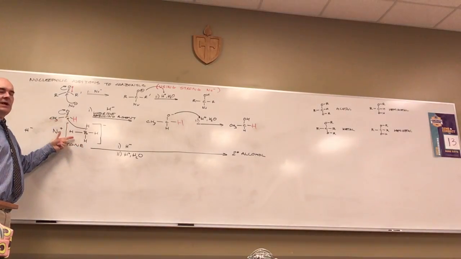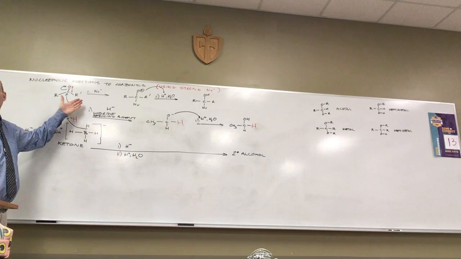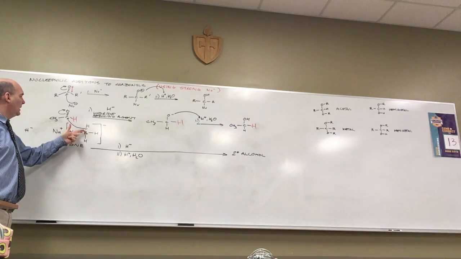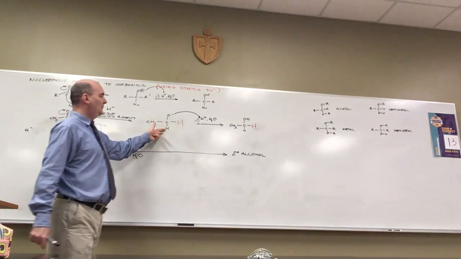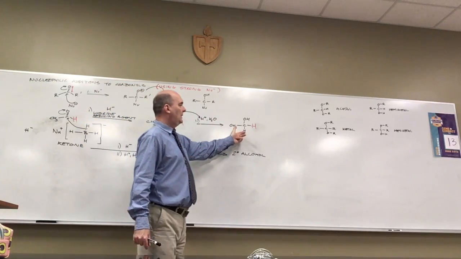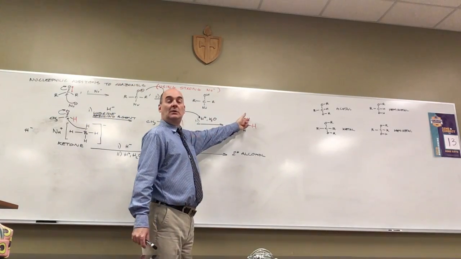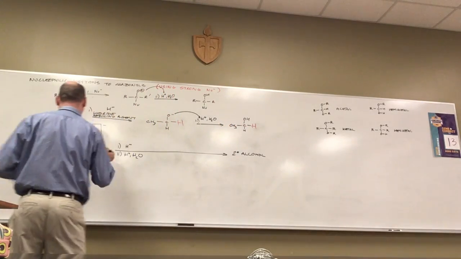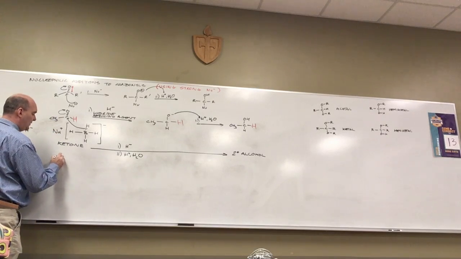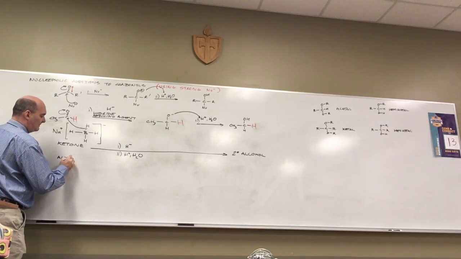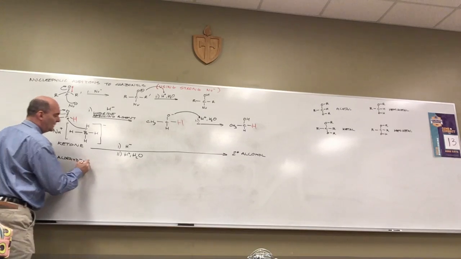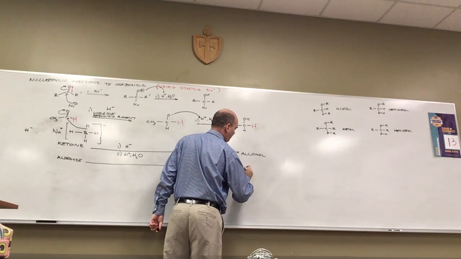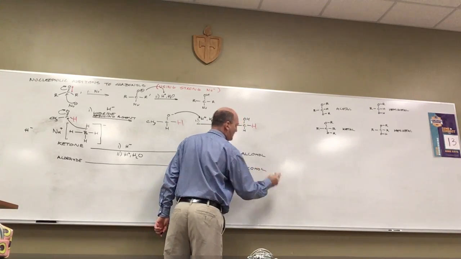The reaction is exactly the same. These groups have not participated yet. It picks up the nucleophile, which is an H minus, and then undergoes acid workup and makes an alcohol. But this is now a primary alcohol. So ketones undergo reduction to make secondary alcohols. Aldehydes make primary alcohols.